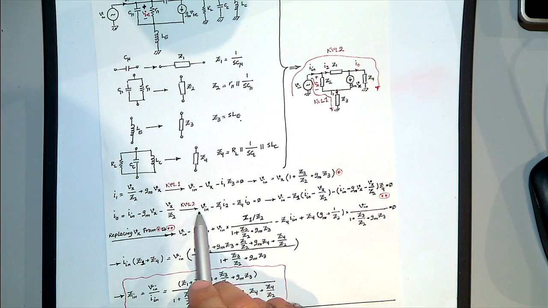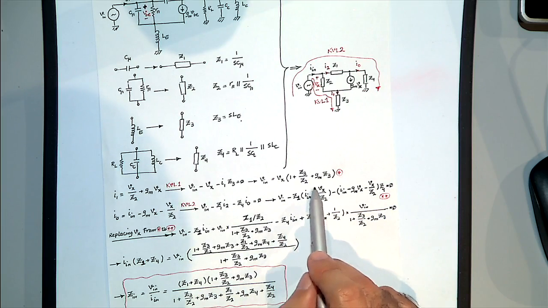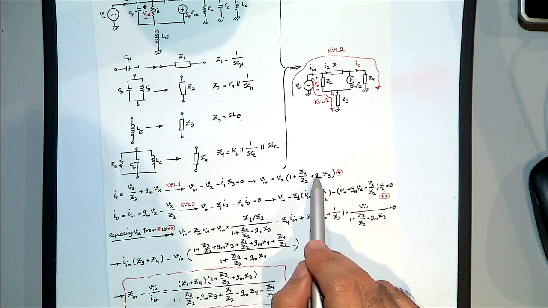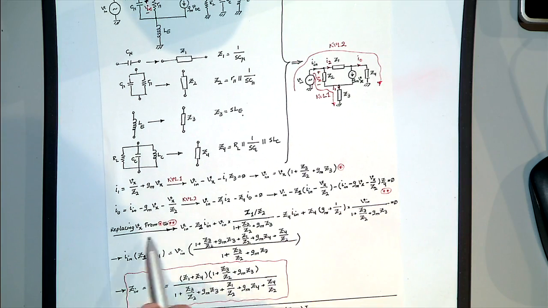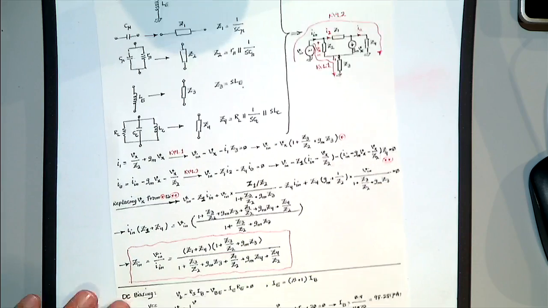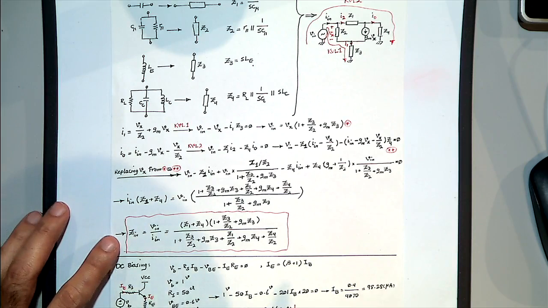So in the second equation, I write down the V in based on just I in and Vx. And then from the first one that I found the Vx, I replace it in the second one, and then I find out the V in based on I in. Done. And this is the formula. This is a big formula, but we can see something out of this.